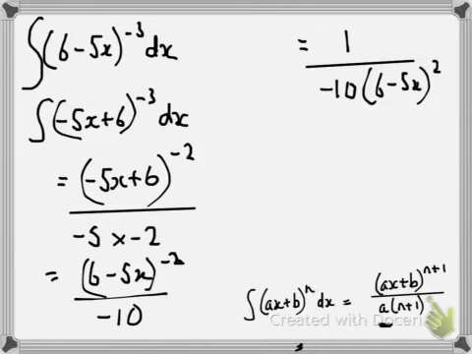Really, when you've got a 1 over negative 10 situation, it's better to put it as negative 1 over 10. It's the same thing, (6 minus 5x) squared.